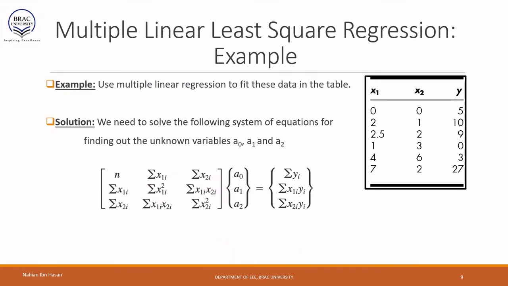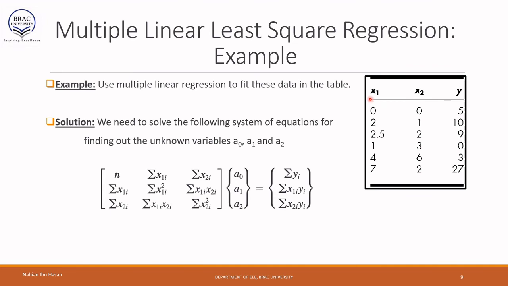So let's look at an example here. We are given two independent variable points here, 0, 0 to 1, 2.5. For all of these independent pairs, we are given a dependent value 5, 10, 9, 0, 3. So y is the dependent value, and x1 and x2 are the independent values.